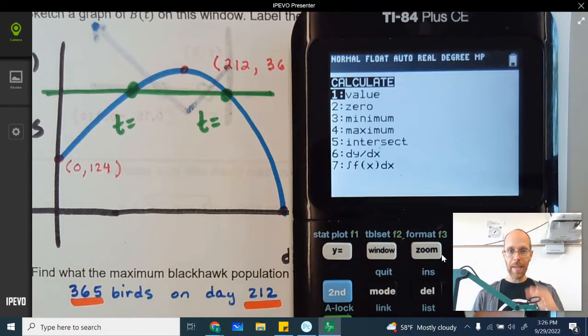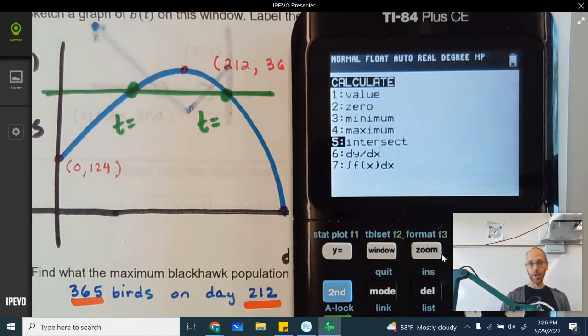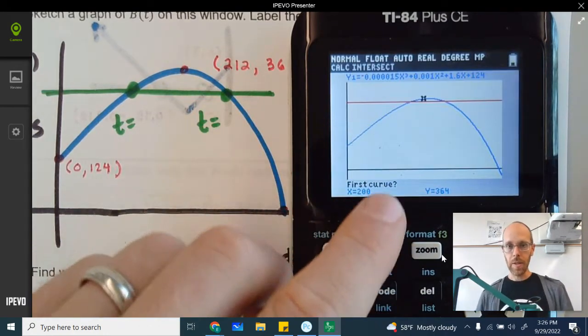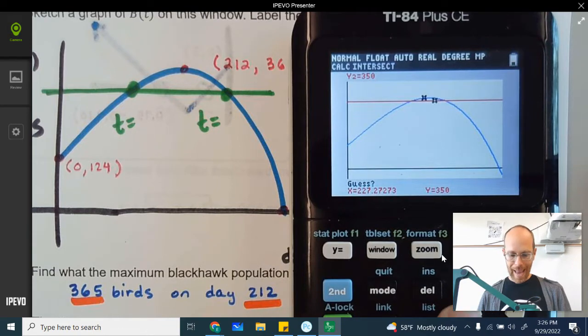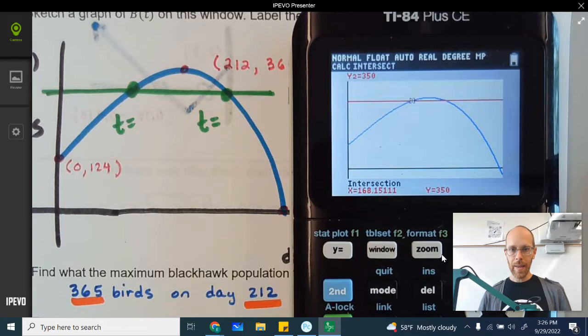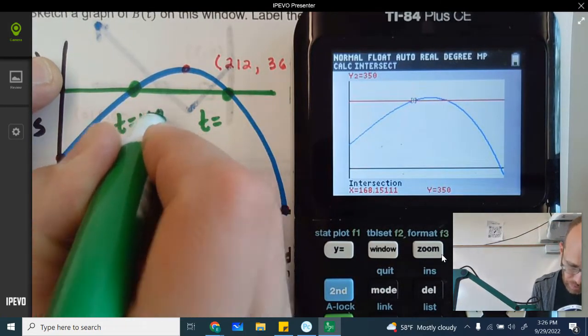If you go second, calc, and then you select number 5, intersection. Calculator is going to say first curve, you hit enter. Second curve, now you can see I'm on the 350 line. I'm going to hit enter. Guess, move close to the one you want, and then hit enter. This is day 168.